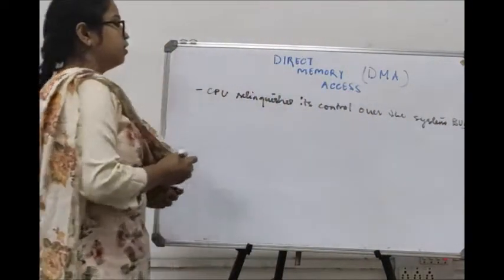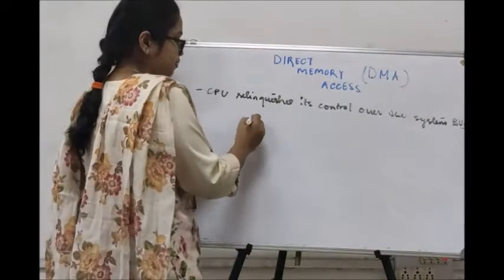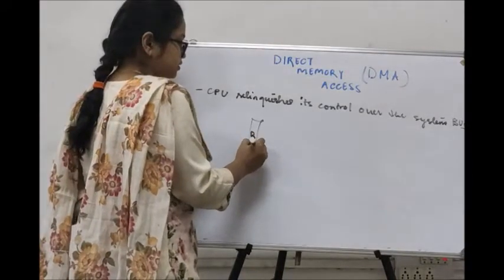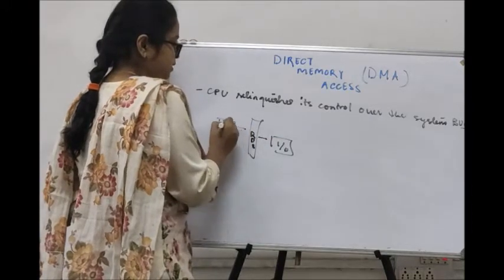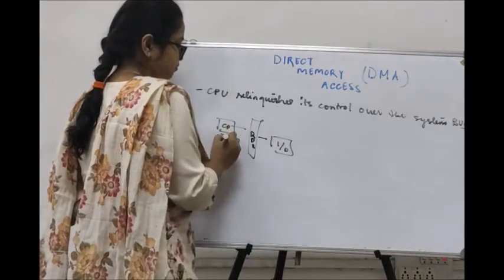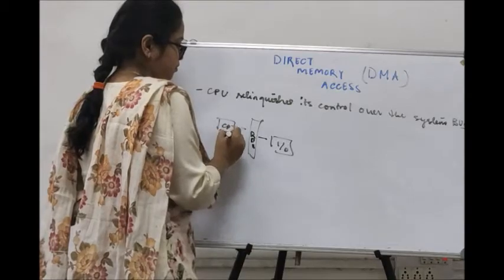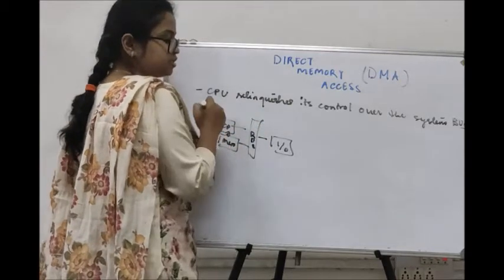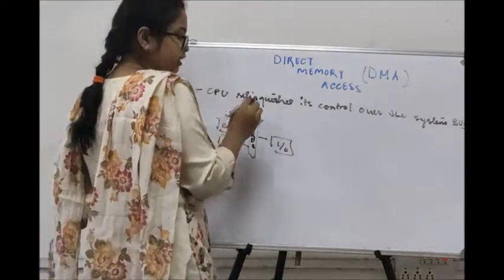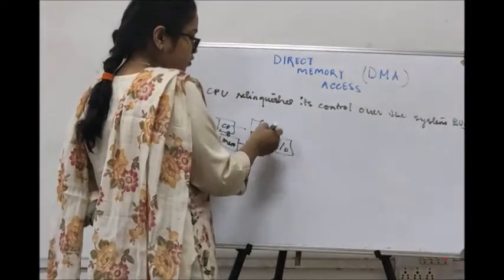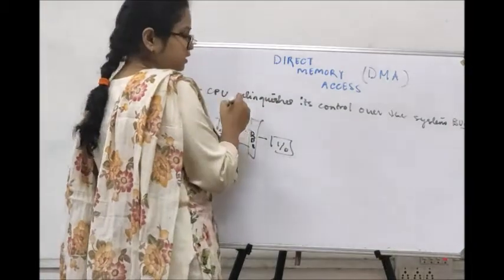So what happens is, the bus that connects the IO with the CPU and memory, it relinquishes the bus, and DMA control. There is another section called DMA control, which provides this facilitation.